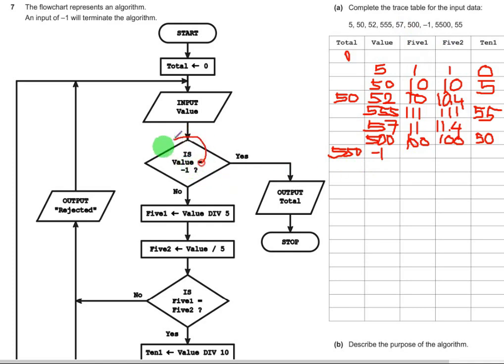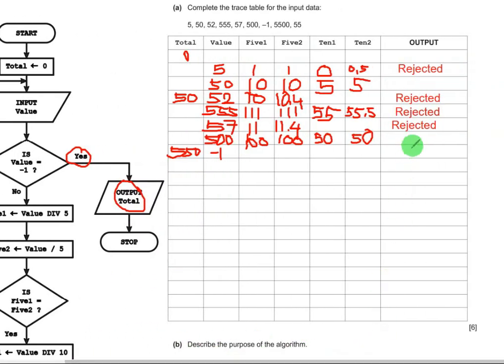Is the value -1? Yes, it is. So it goes to yes, and then output the total. What is the total? The total is 550. So output the total. When you output the total, it's no longer rejected. This is the output, guys.